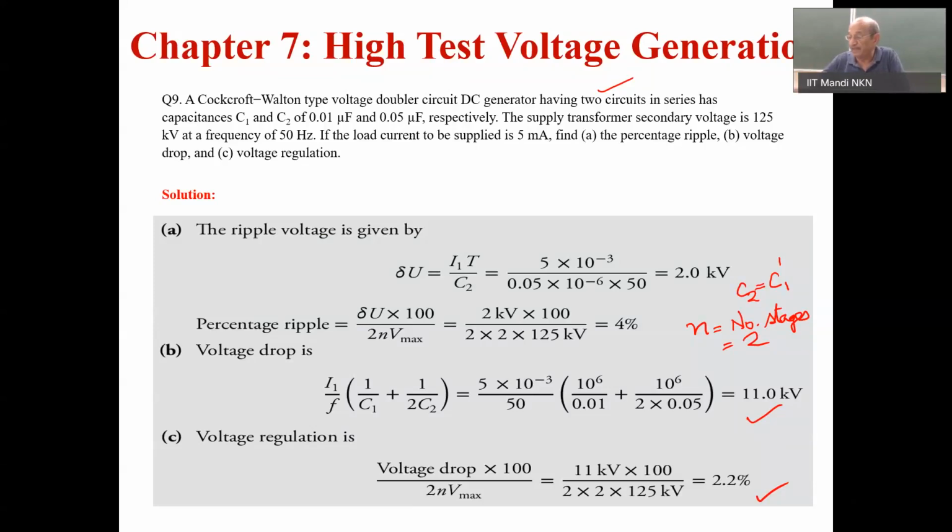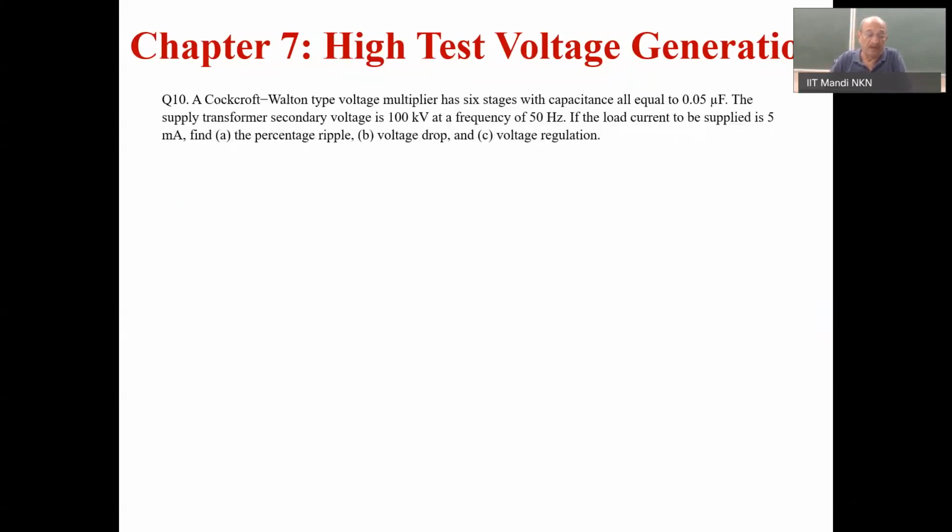So we go to the next question. This question is again on the high voltage DC test generator, and you can say again Cockcroft and Walton voltage multiplier circuit. It should have been there with a smoothing capacitor.